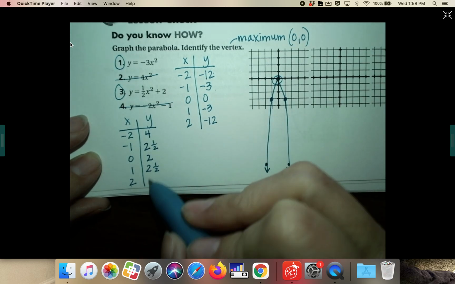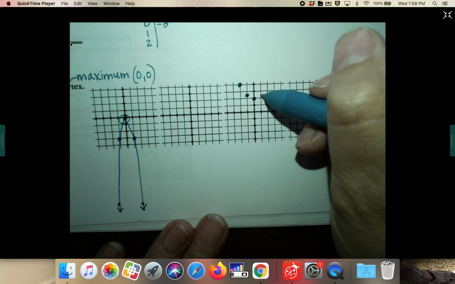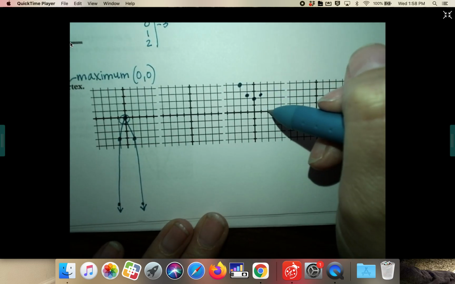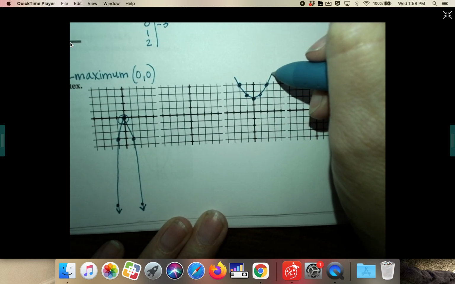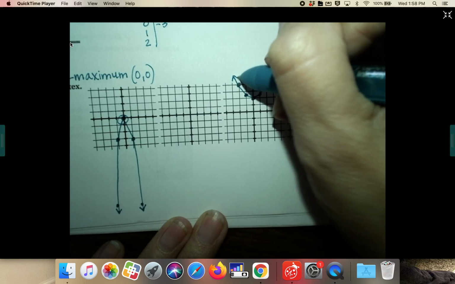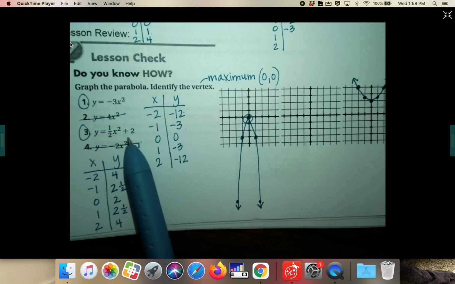So then we know that the 2 would be 4. So 1, 2.5. If you don't believe me, go ahead and work it out. And then 2 up 4. Okay, so it's not only a little flatter and wider because it was half, but it has shifted up 2 from the origin because it was plus 2.